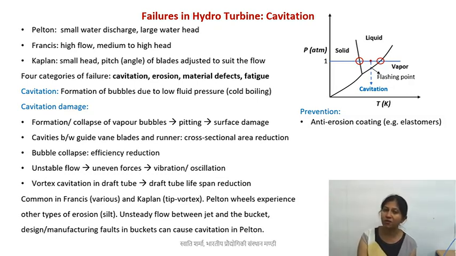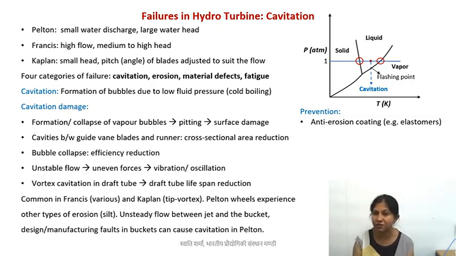However, when you want to prevent your surface from cavitation, you will typically use an elastomer coating. Elastomers such as PDMS or polyurethane and so on can protect your surface from the damage that it experiences by bubble bursting.